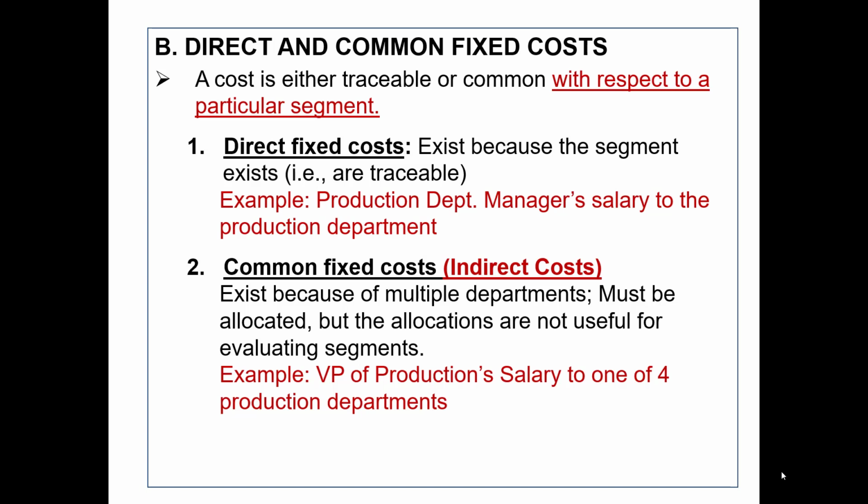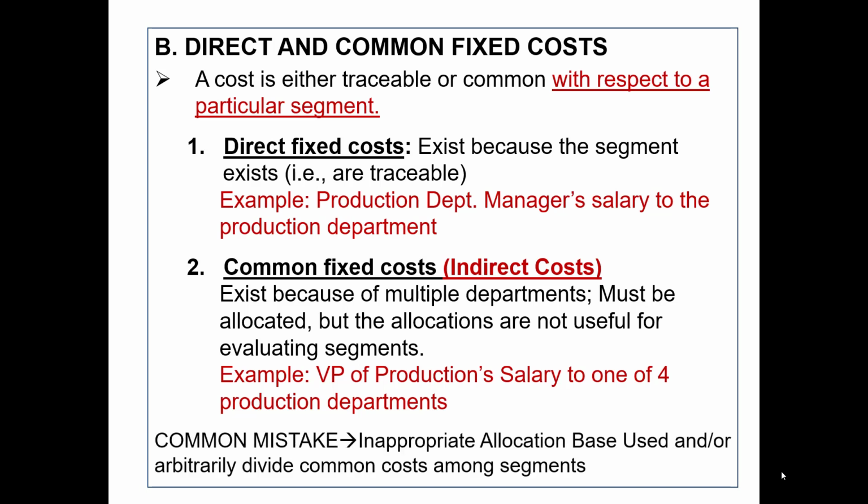Now, if you think about why, what would happen if we went down to 3 production departments? Would the manager's total salary decrease by 1/4? And the answer, of course, is no. What would happen is that manager's salary would now be divided 3 ways instead of 4. Okay, so that is the problem with allocation of these fixed costs.